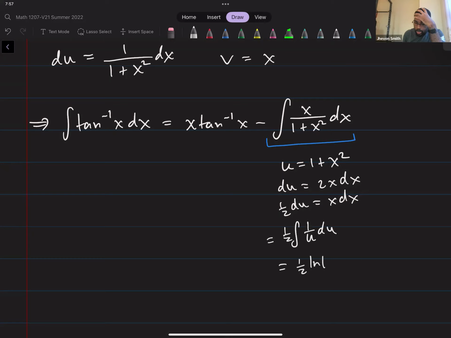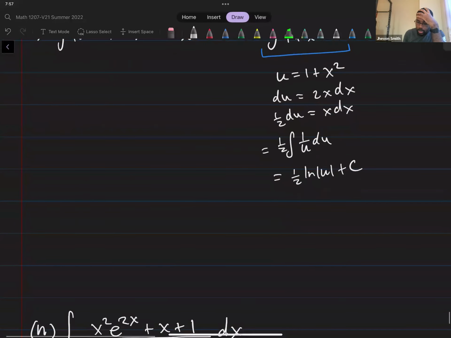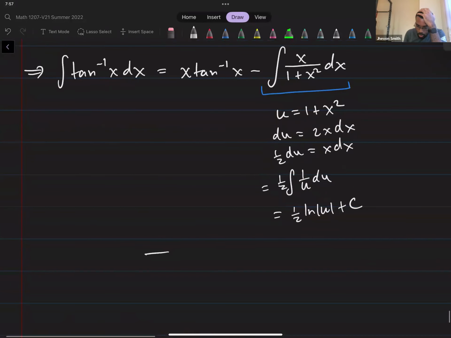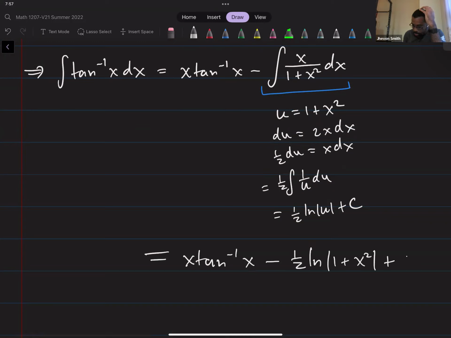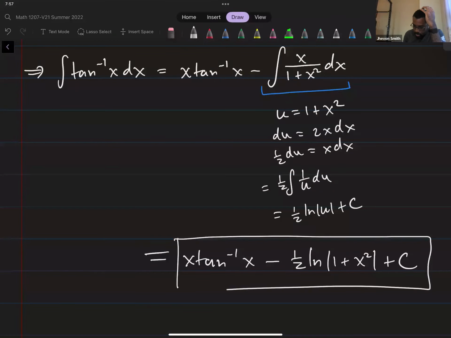It's just 1/2 ln of the value u plus c. And so this whole thing becomes x tan inverse of x minus 1/2 ln of 1 plus x squared. So it's a substitution: u equals the denominator, the du gets rid of the numerator, and you end up with 1 over u, which is a basic rule. So that is the integral of the arc tangent.